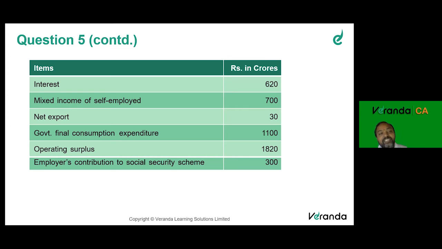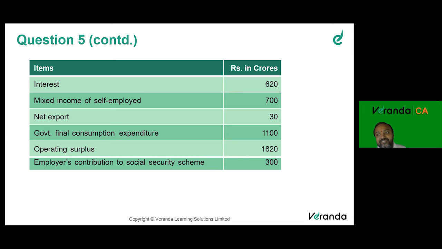So from the GDP, we will be eliminating the net exports while computing the expenditure method of national income. Right? Any doubts there? No, sir. Perfect.